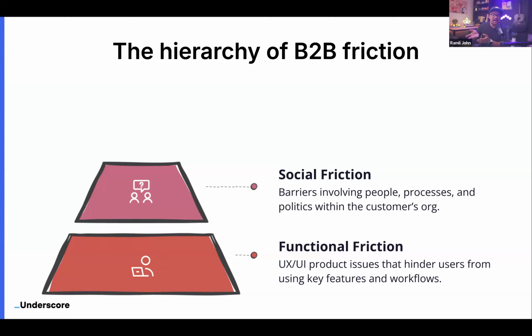Not just buy-in, but help them become champions so that they would advocate for your solution internally, so that more people get bought in and they upgrade to higher tiers. That's what I call the social friction.